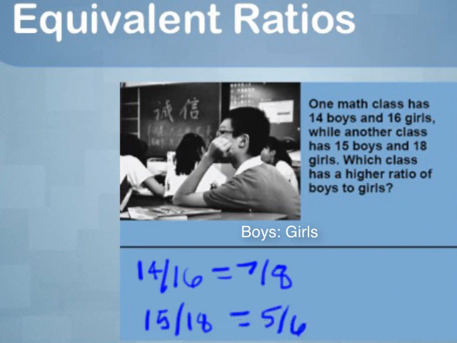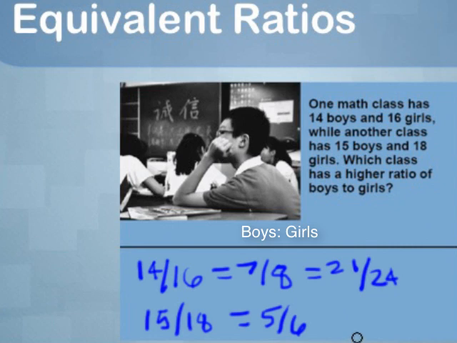We need to compare 7/8 and 5/6. The least common denominator for 8ths and 6ths is 24ths. For class 1, the equivalent ratio expressed in 24ths is 21/24.